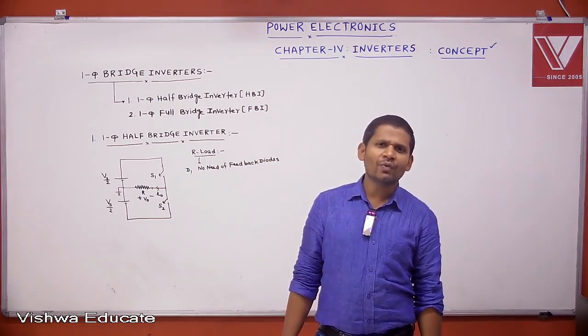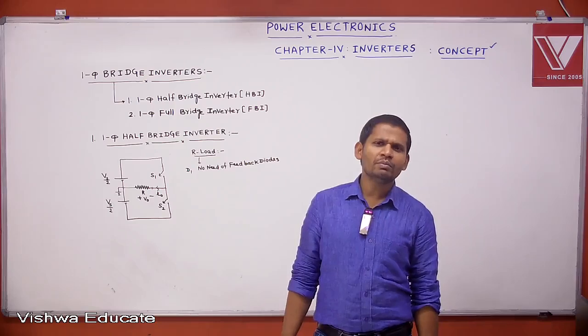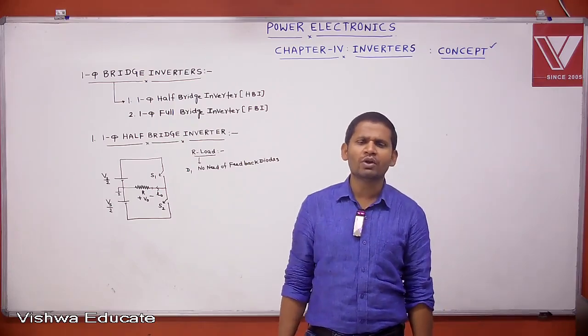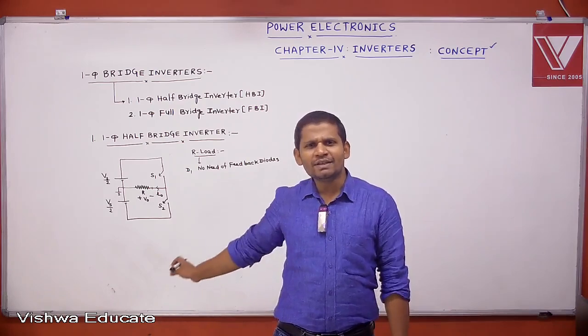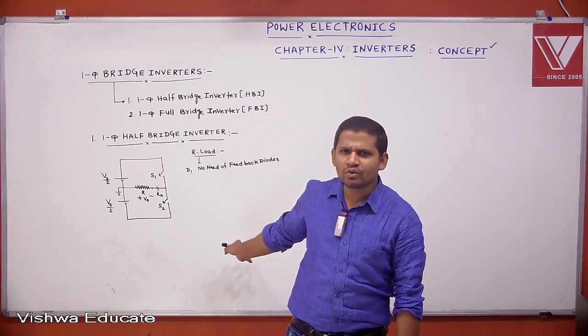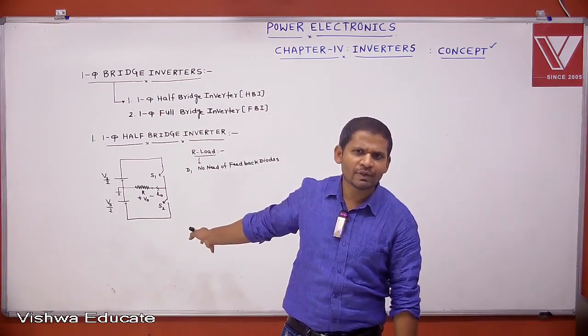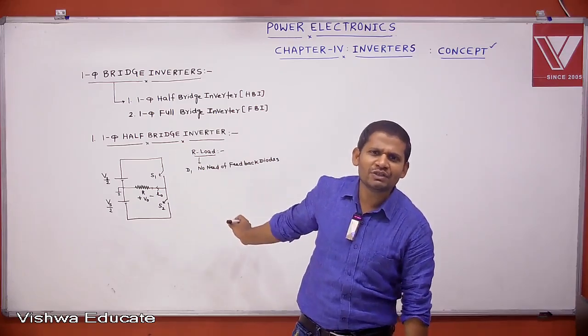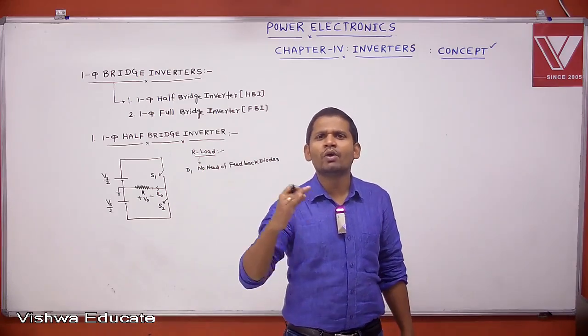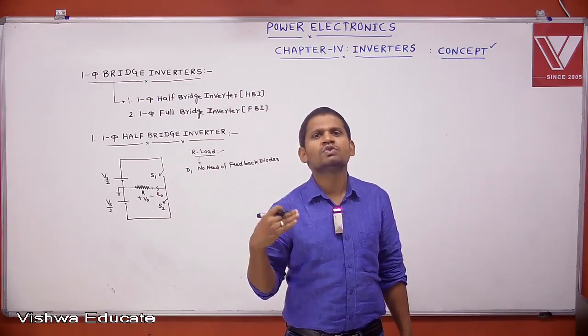One is square waveform, quasi square waveform, and PWM waveform, that is pulse width modulated waveform. But in this session, I am discussing with respect to square waveform only. That means we are operating the switches in such a way that we generate the square waveform.